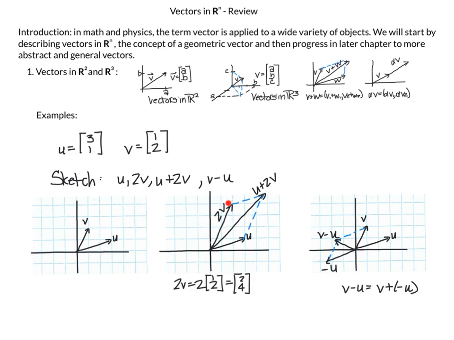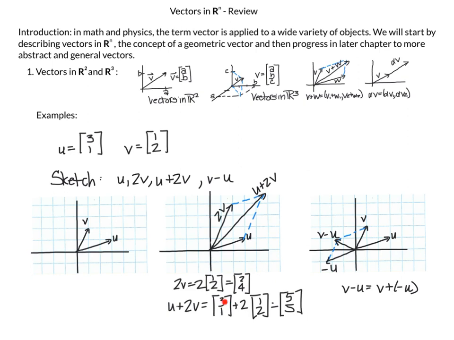And last, geometrically, I can think of completing this parallelogram. Here I have the side that's parallel to 2v, and here the side that's parallel to u. Then I complete my parallelogram, and from the origin to the other endpoint of the diagonal is my u plus 2v. I can also do u plus 2v algebraically.